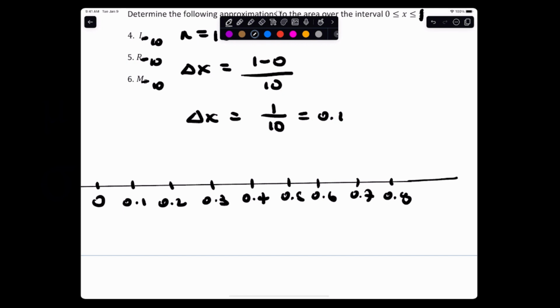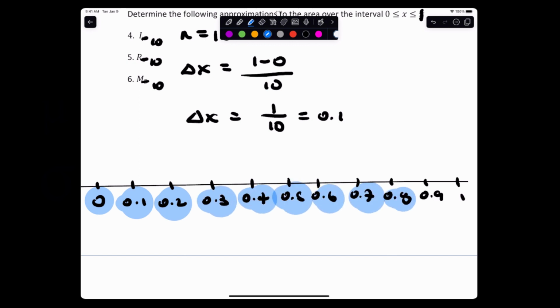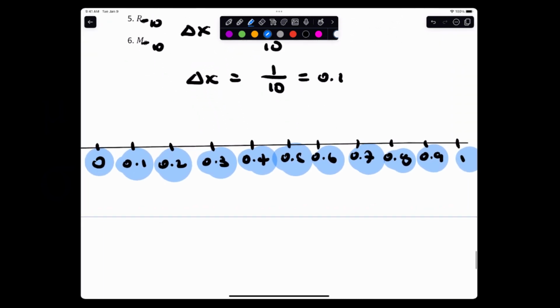0.8, 0.9, and then what? 1. So the hardest part really is right here. The rest is using a formula, but you have to know what these values are, right? This first value is always going to be x0.